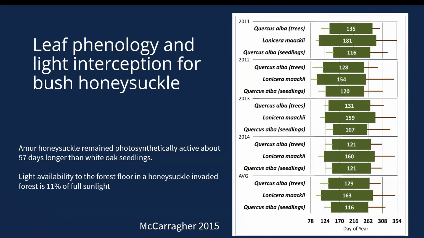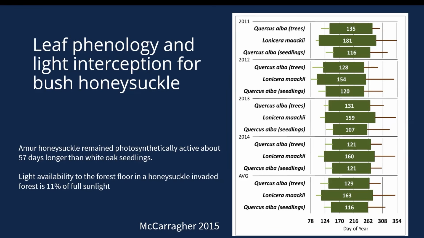And so McCarrigan, in her dissertation, looked at this in Illinois and looked at the phenology of oaks, especially white oak, and honeysuckle, and found that the honeysuckle really remained photosynthetically active. So it was green and growing about 57 days longer on average than white oak seedlings.